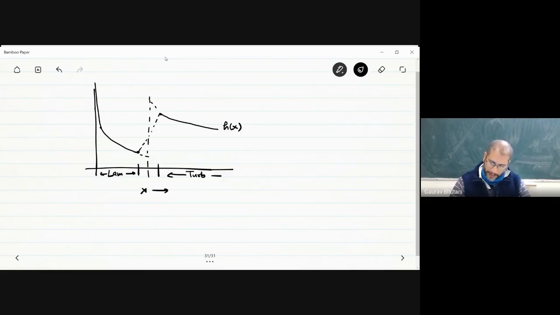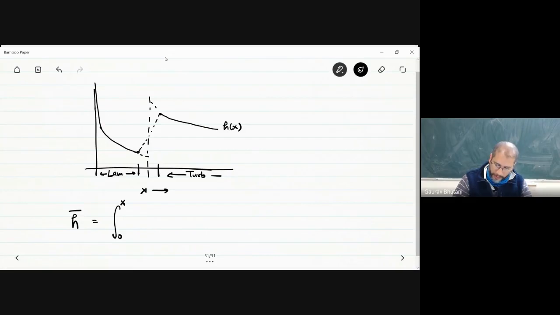Okay, and remember that in most cases we have to find the total heat loss because of convection. So that total heat loss requires us to get some sort of an estimate of the average heat transfer coefficient h bar, which is nothing but, for a flat plate, this is integral 0 to L. Let's say we're talking about a situation where the flow becomes turbulent suddenly.